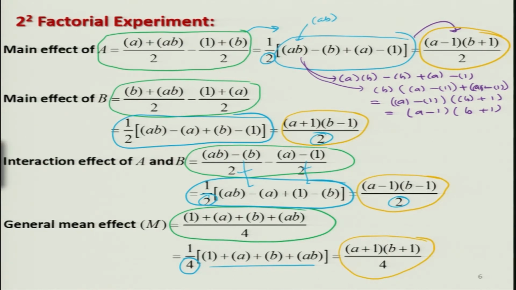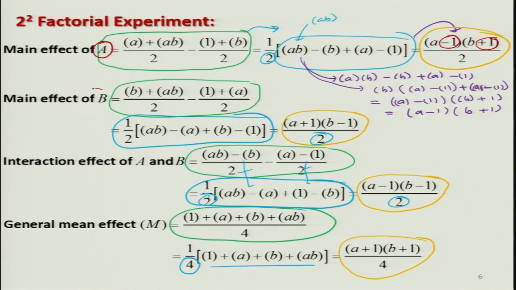You can see in these 4 terms, there are 2 factors related to a and b, which are combined with the number 1, but the number 1 is appearing at some places with minus sign and at some places with plus sign. Try to observe this phenomenon. In the main effect of a, a is appearing with the minus 1 sign and b is appearing with the plus 1 sign.